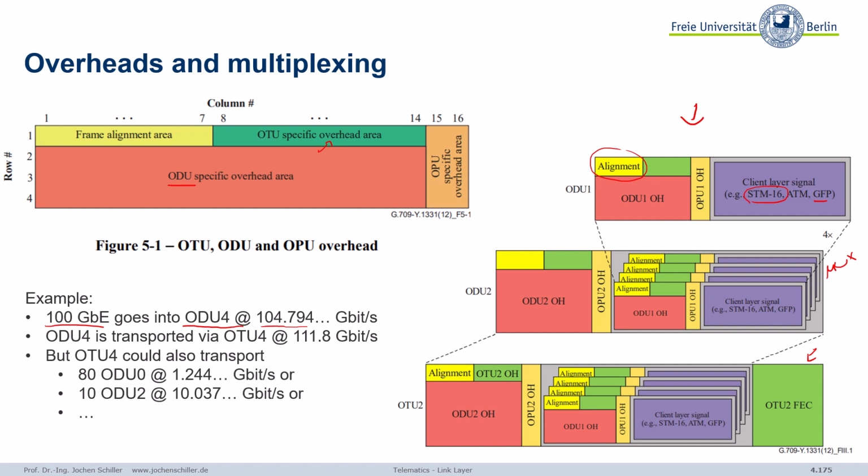Then this ODU4 can be transported via this OTU4 with again a bit higher required data rate. Why? Because we have some recovery mechanisms for FEC data. And then this OTU4 can transport this 100 gigabit Ethernet stream, but it could also transport 80 ODU1s with 1.2 gigabit per second, or 10 ODU2s, and so on, and so on, and so on. So you see, a very flexible format.